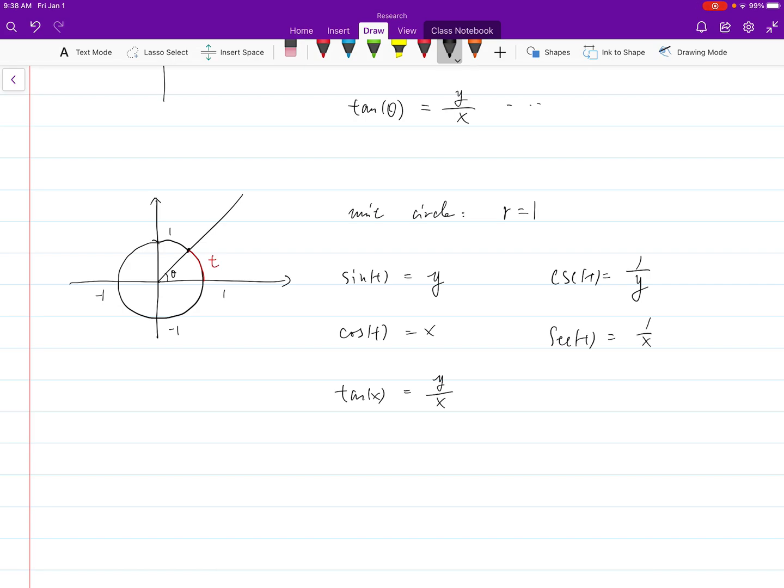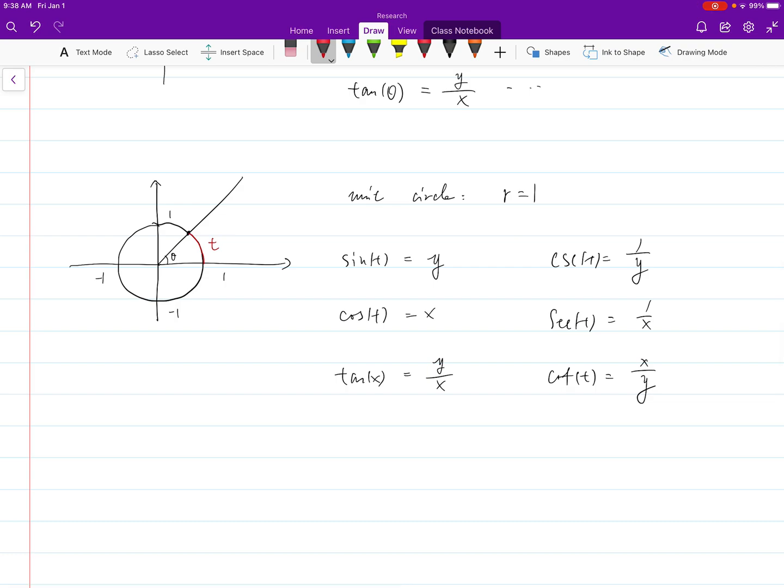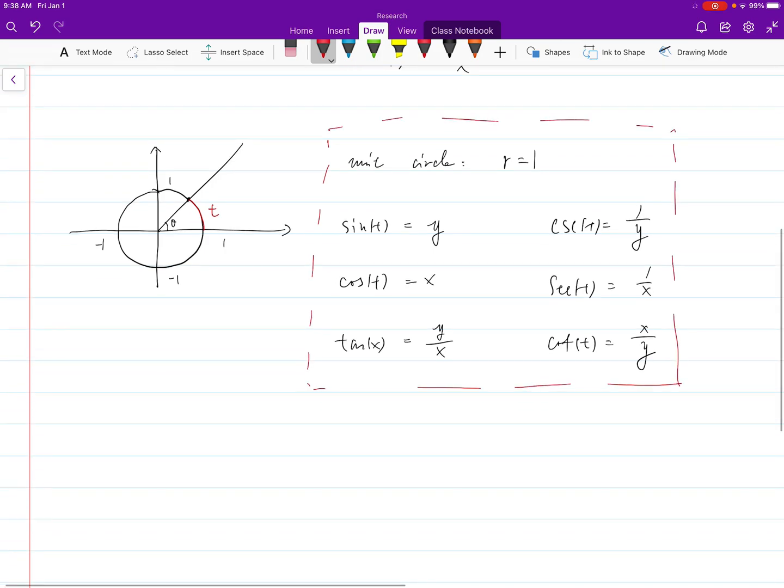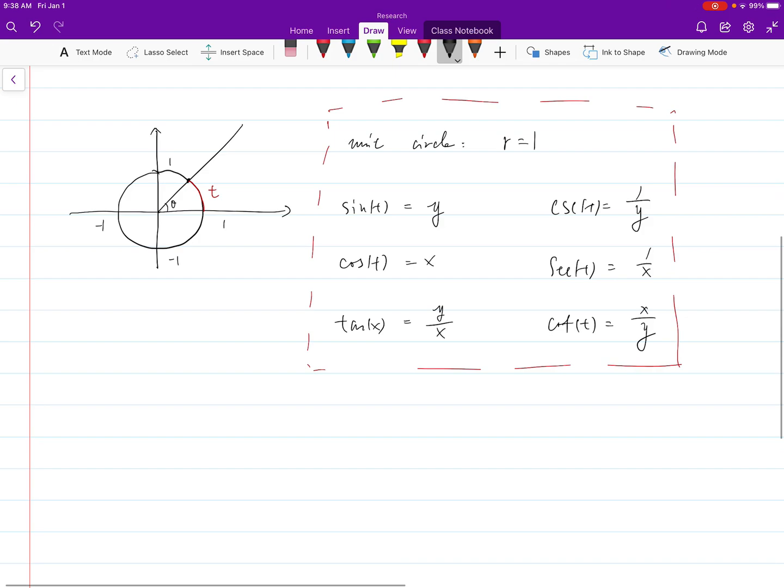Cosecant t is 1 over y. Secant t, flip the cosine. And finally, cotangent t is going to be x over y. So that's the new definition of trigonometric values for real number, not for angle, it's for t, and also on unit circle.